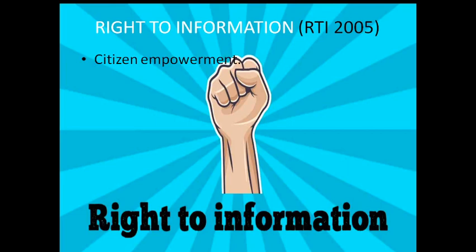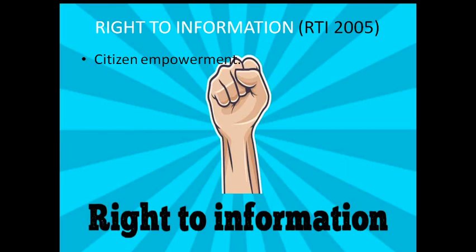Right to information, RTI 2005. This right to information came into force in the year 2005. According to this, giving authority to the citizens is considered the essential condition of democracy, that is, citizen empowerment.